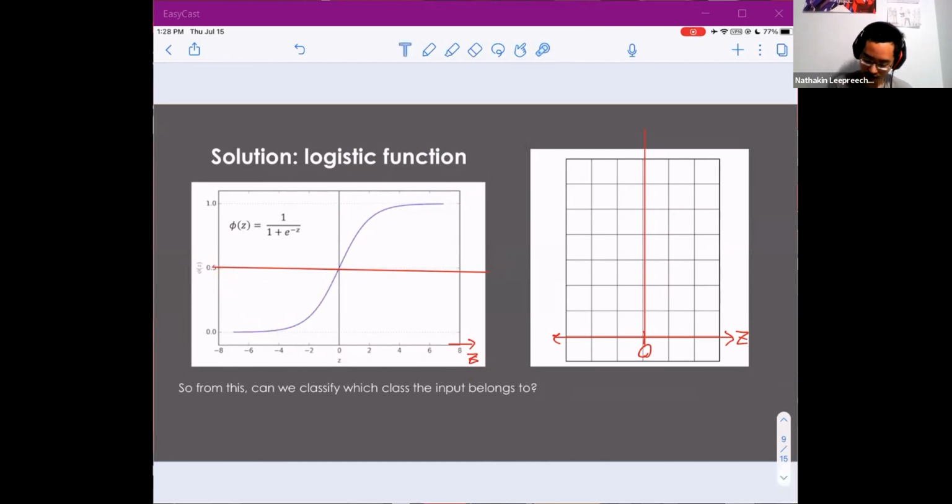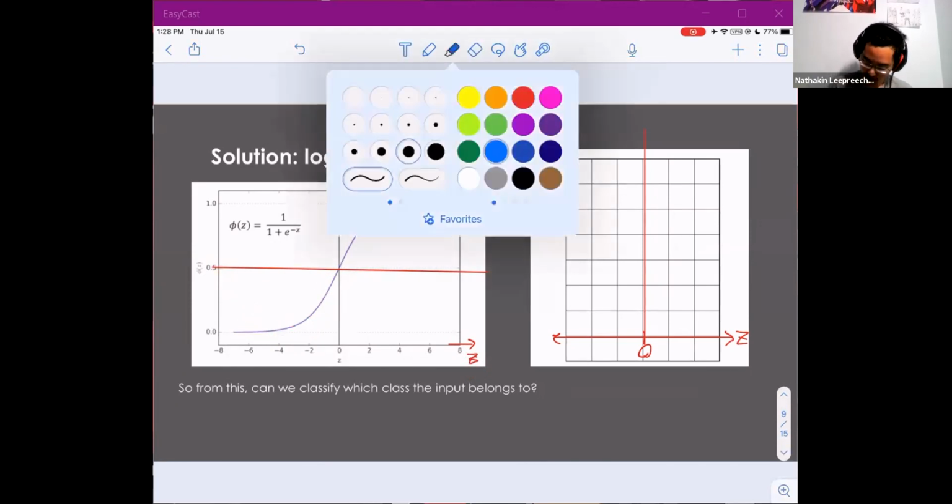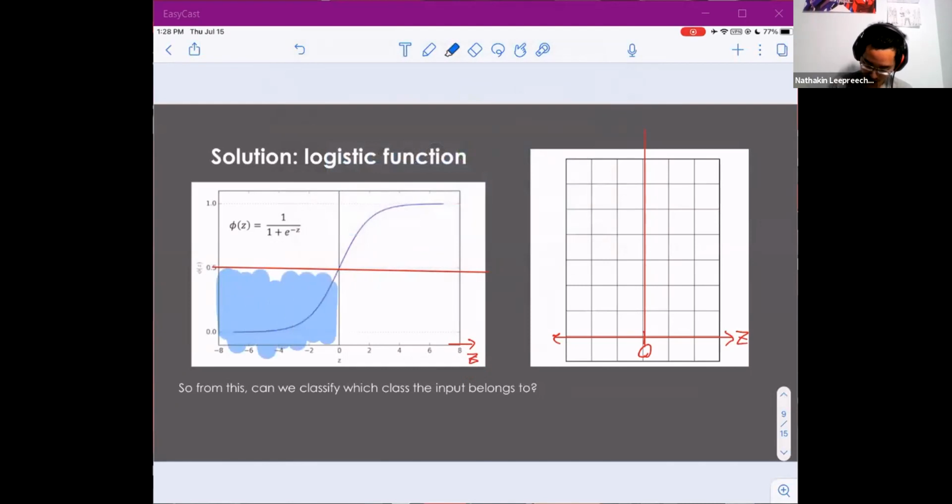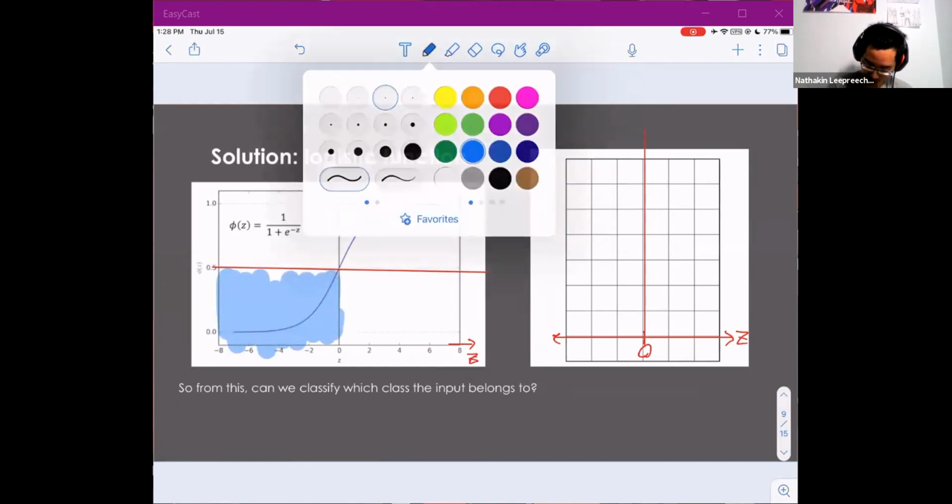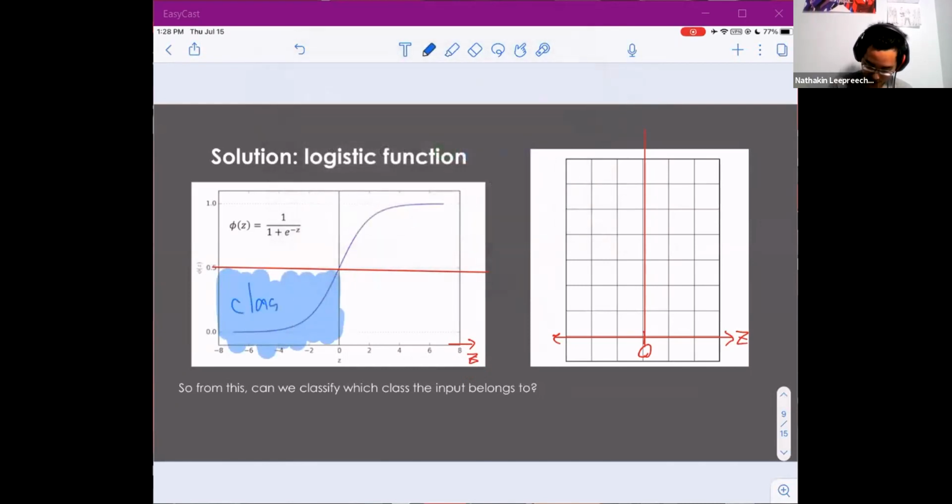So I'm going to highlight and color everything here as class 0, and up here it's going to be class 1.